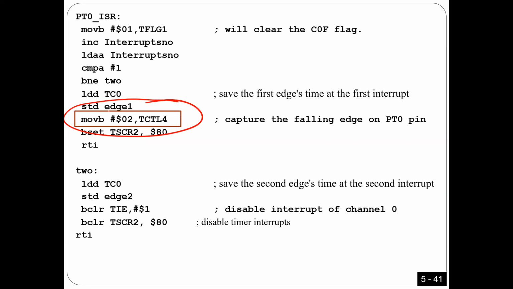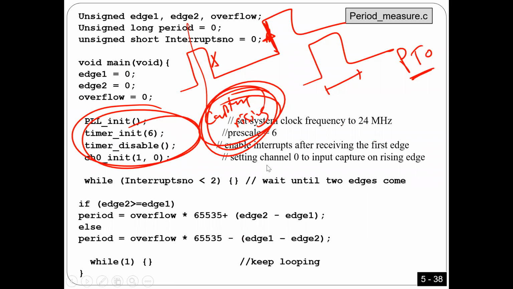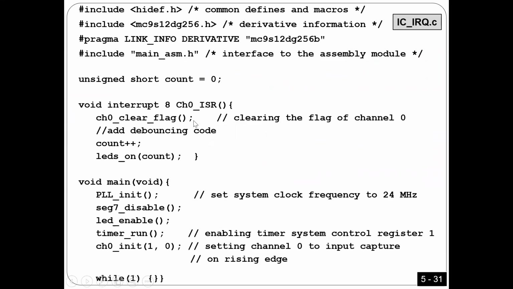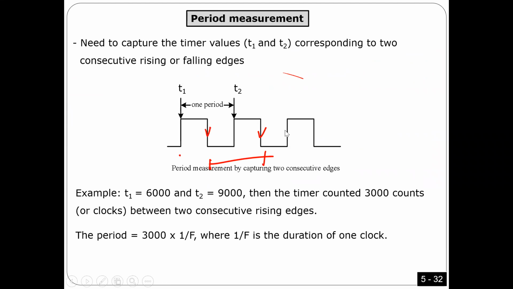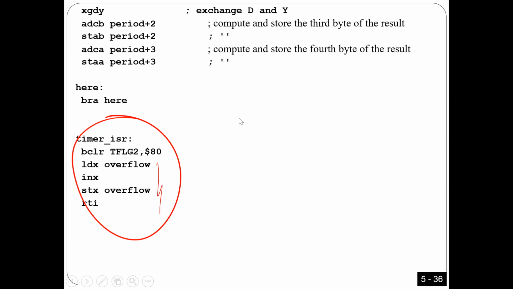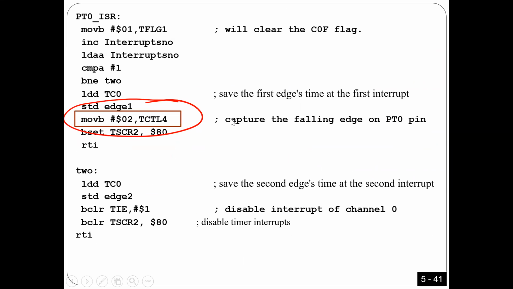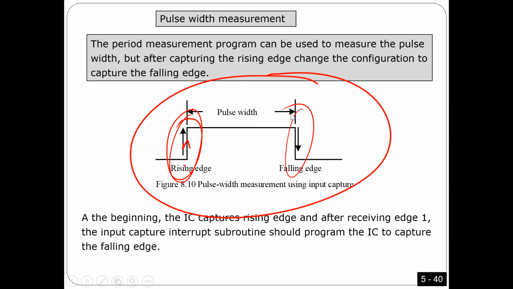Look here, guys. So I want to show you what is the difference between if my signal is this way and I want to measure the time from here to here, or my signal is this way and I want to measure the time from here to here. I'm going to use exactly the same program.